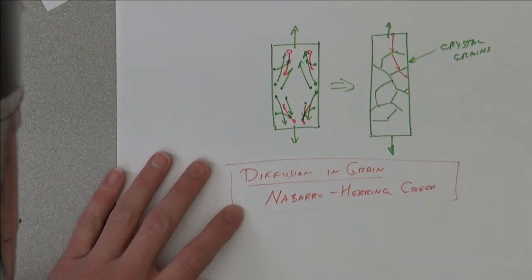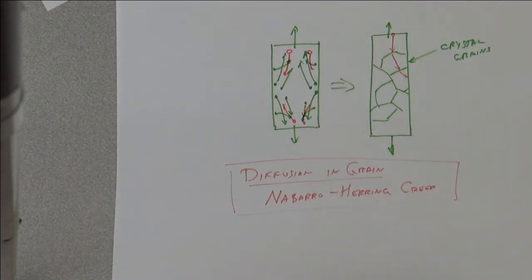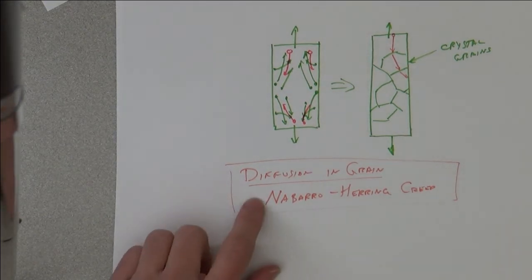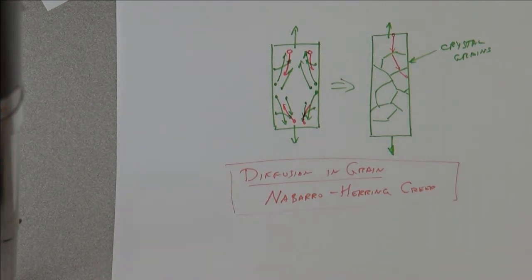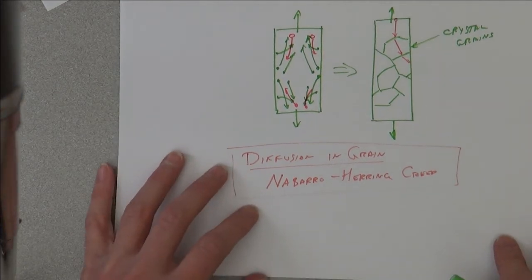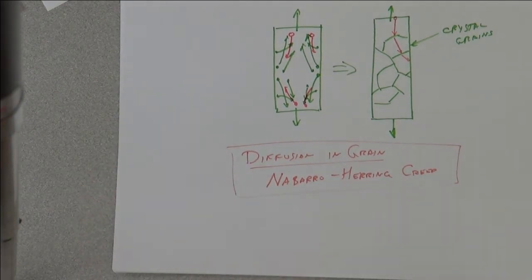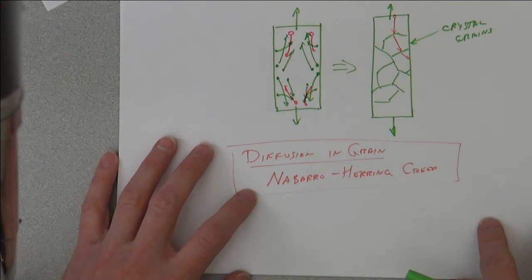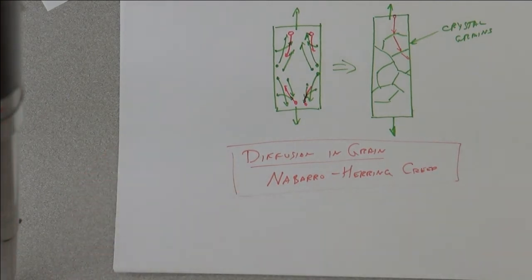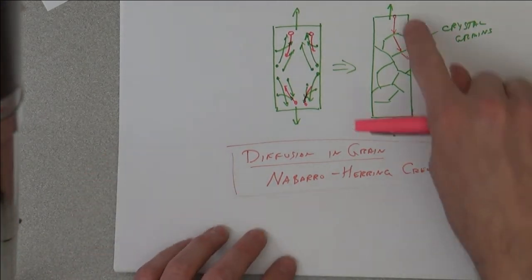And as you get more into the engineering literature, you're going to see some names over and over and over again. Nabarro and Herring were both, you can think of them as metallurgical engineers, metallurgical scientists. You might think of them as material physicists even, but they were very active in the field of material deformation.